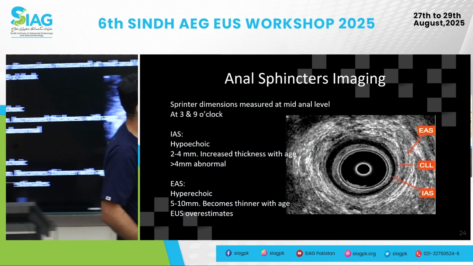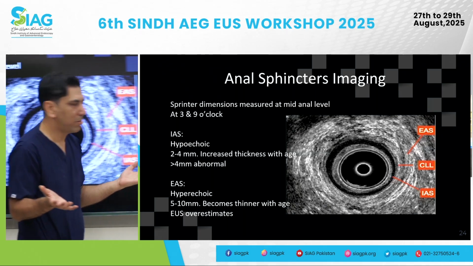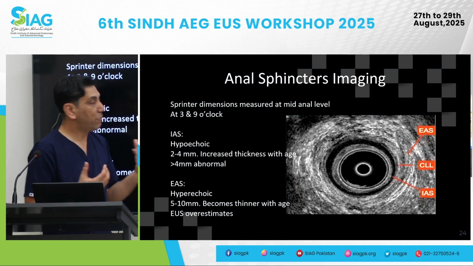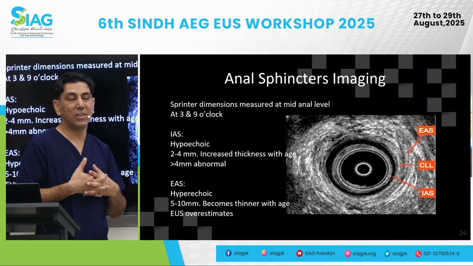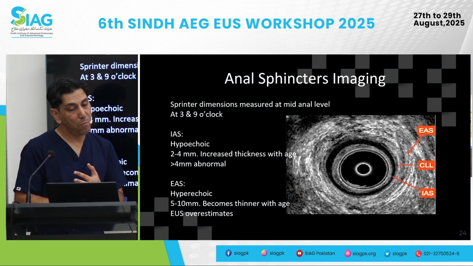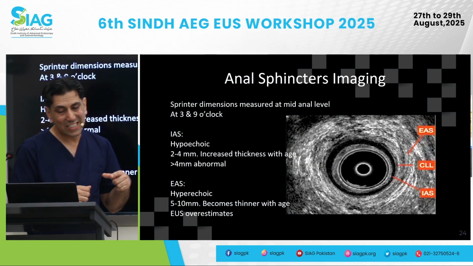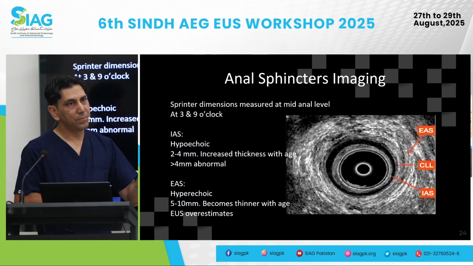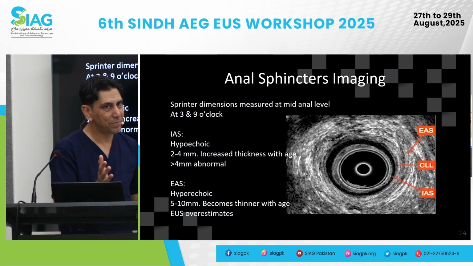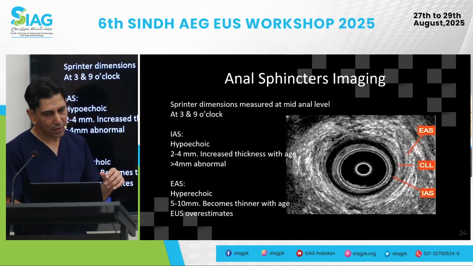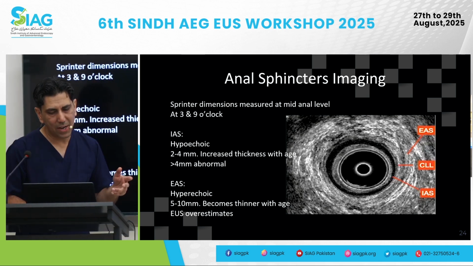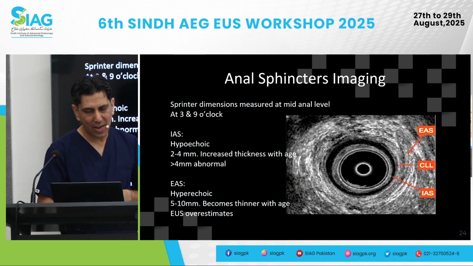If it's more than 4 millimeter, again a very broad, subjective figure, then you have to think about what sort of pathology we are dealing with. Is it just inflammation, or is it more than that? Whereas the external is hyperechoic and becomes thinner with age. Hope it makes sense. Okay. The problem with the EUS, as I said, is that sometimes it can over or underestimate.